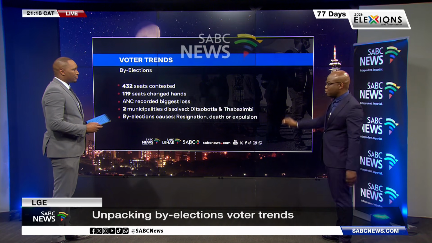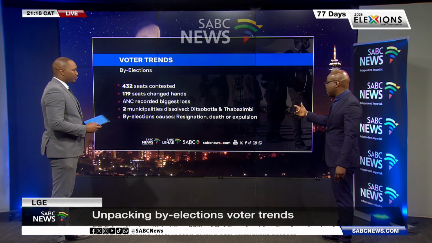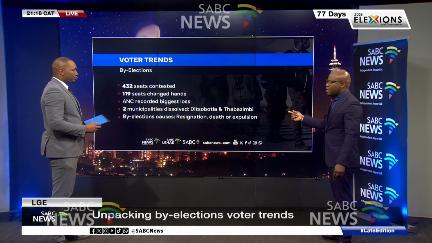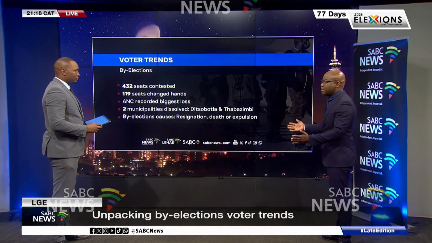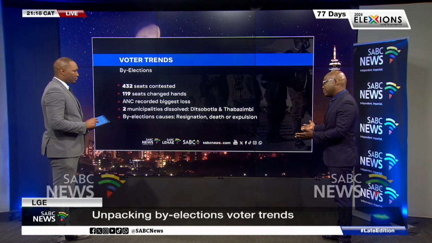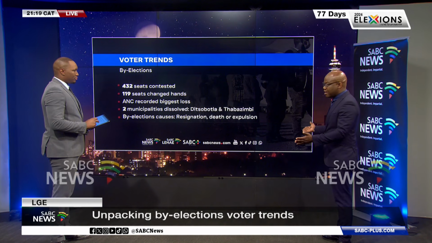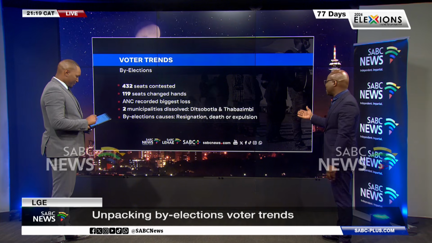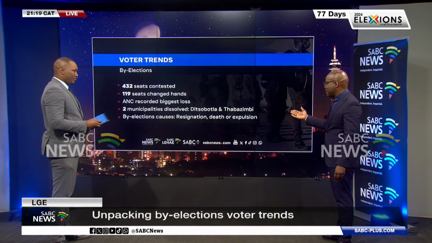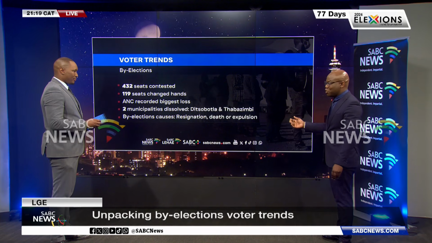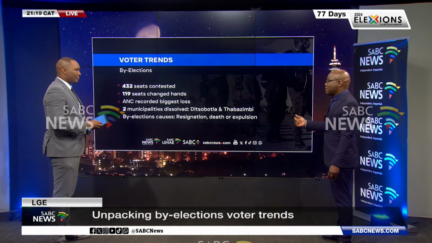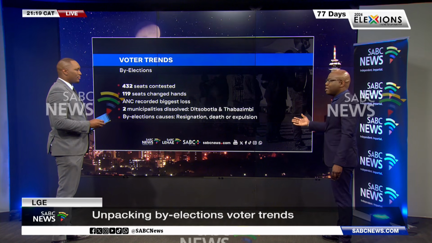It happened that the voters created another hung council with their votes, and the ANC there, something that was not unusual but we knew was possible, managed to retain the wards.